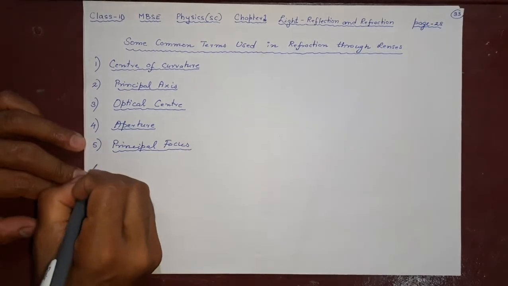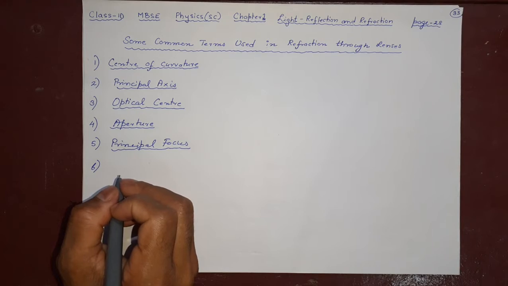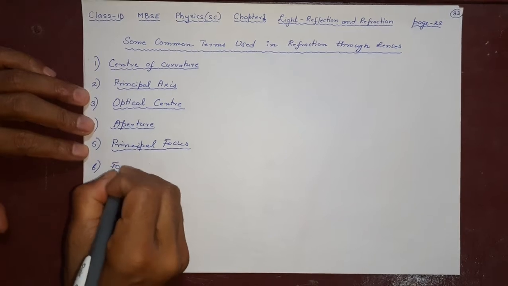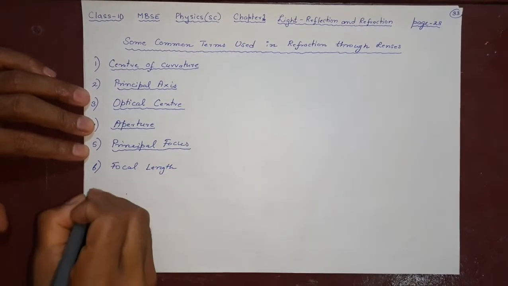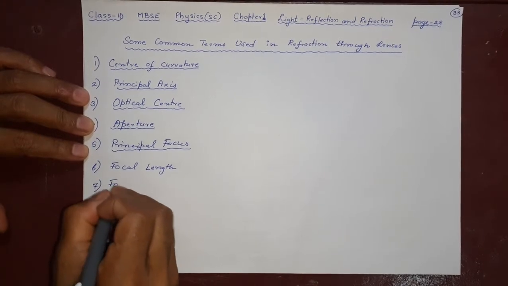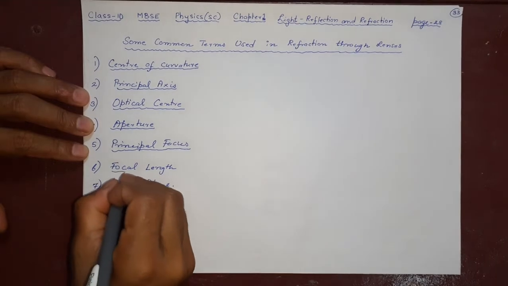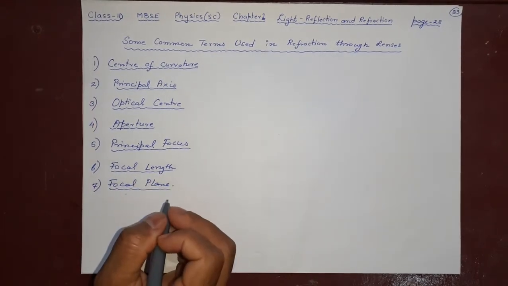Then number 6, the next term, is focal length. Number 7 is focal plane.